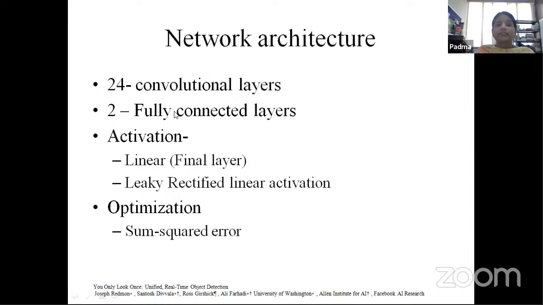The 24 convolutional layers extract the features from the given input image, whereas the 2 fully connected layers, the last layers placed after the convolutional and pooling layers, are responsible for providing the entire predictions in terms of those bounding box parameters, right?